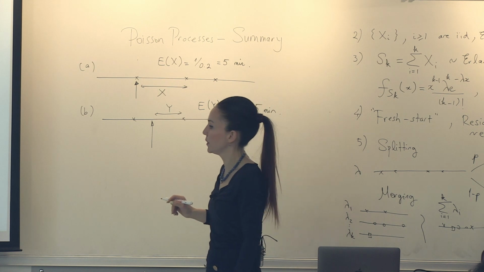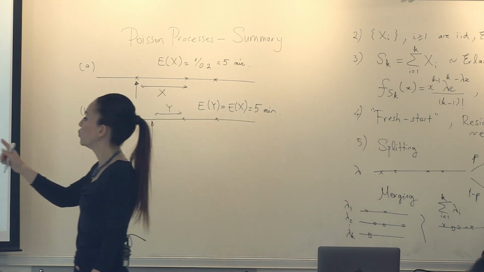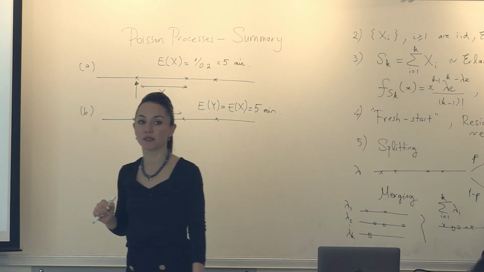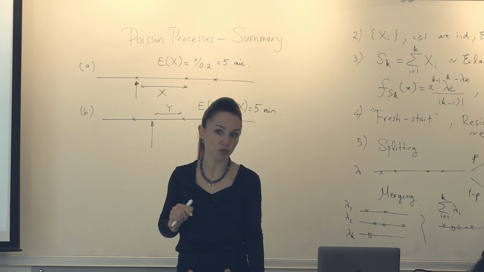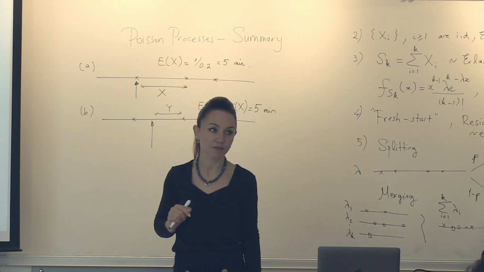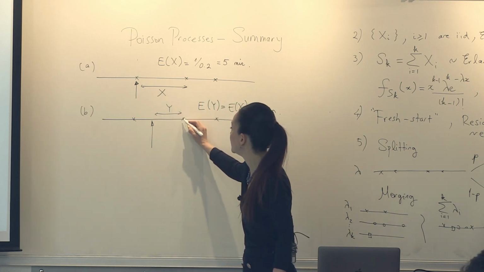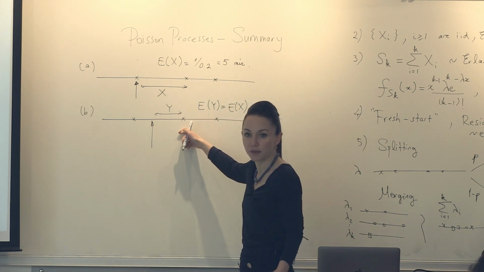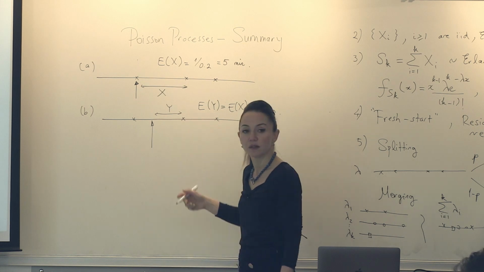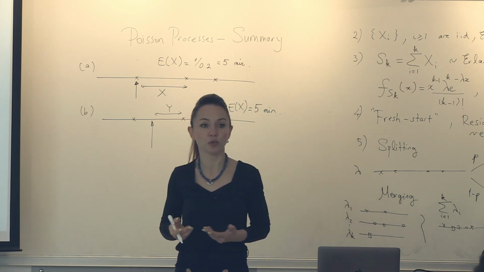Okay, no problem there. Now, what is the probability that the first bus I see is going to Ulus? I arrive here and I'm going to see the first bus that departs after I arrive. What is the probability it is to Ulus?